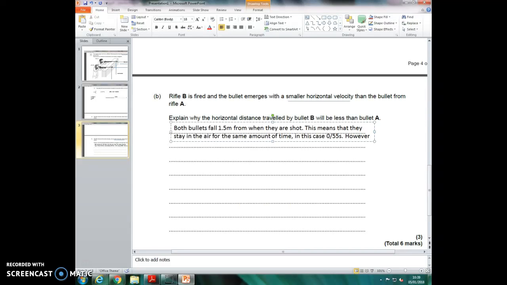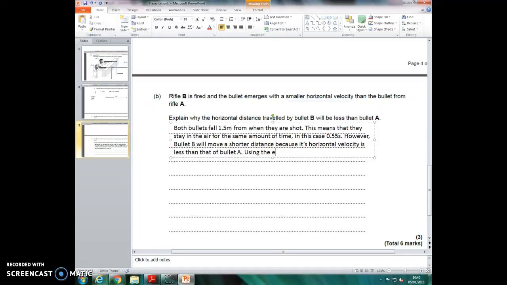However, bullet B will move a shorter distance because its horizontal velocity is less than that of bullet A.